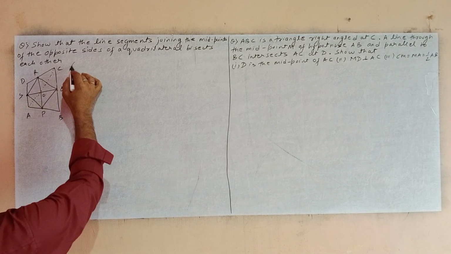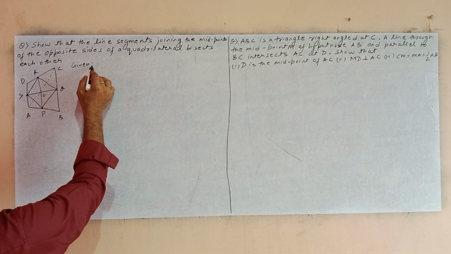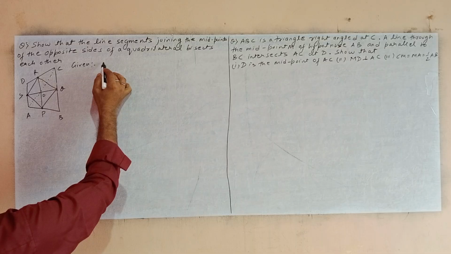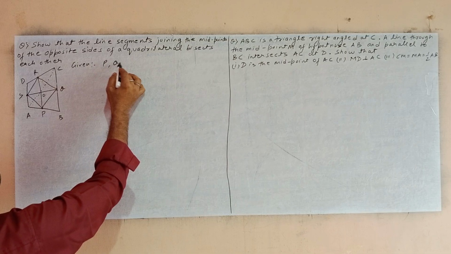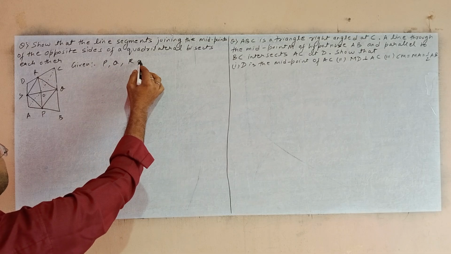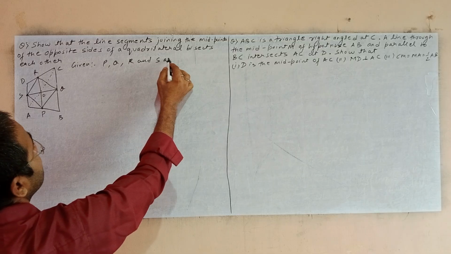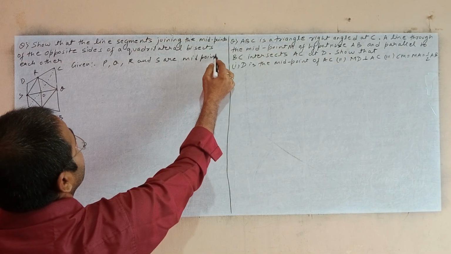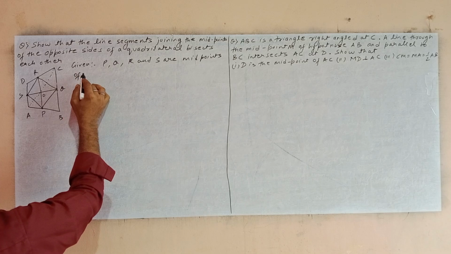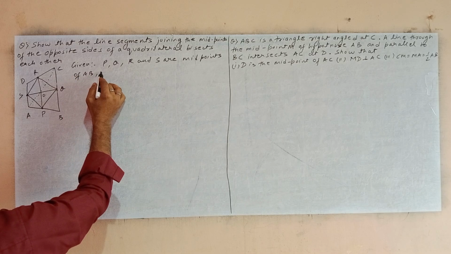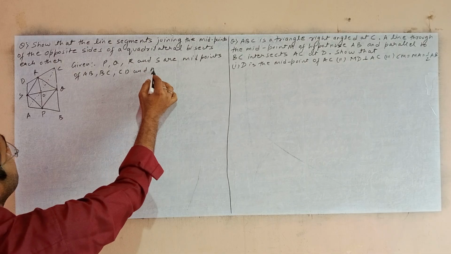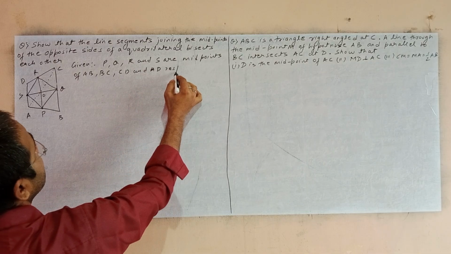Now, first of all, write the given part. What is given here? Given: P, Q, R, and S are midpoints of AB, BC, CD, and AD respectively.